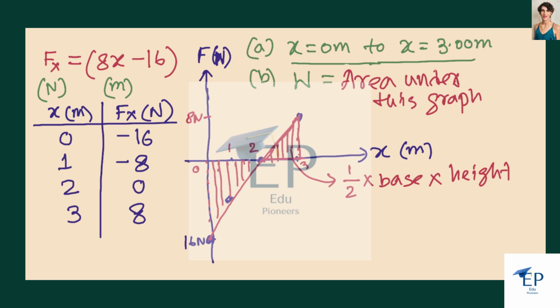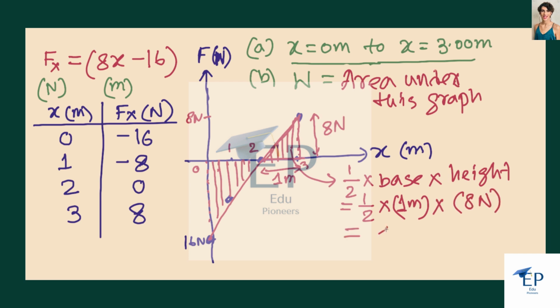The base is this part, which is 1 meter, and the height is this part, which is 8 Newton. So this part gives half times 1 meter times 8 Newton, which is just 4 joule.